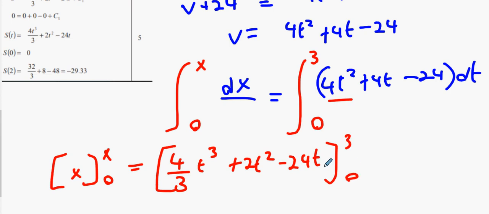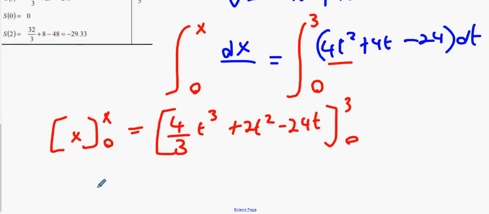Sub in the 3, and what do we get? Anybody sub in the 3? Minus 18. Yeah. What does that mean?